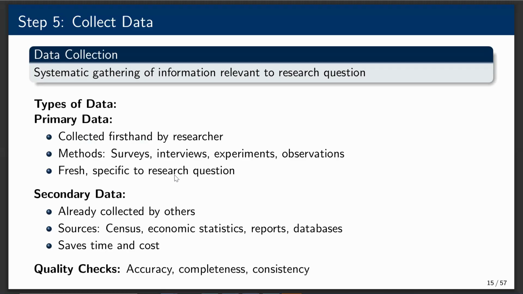Primary data is collected firsthand by the researcher. Methods we have already discussed, like survey, interview, experiment and observations. It is fresh and specific to the research question. And secondary data is already collected by others, and the sources are census, economic status reports and databases, which save time and cost. The quality checks are accuracy, completeness and consistency.